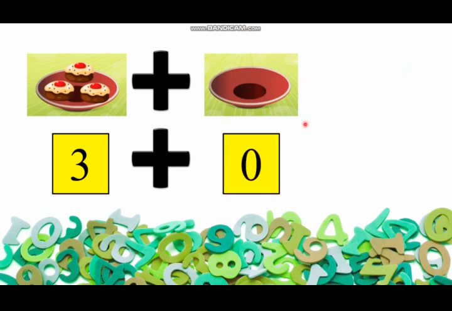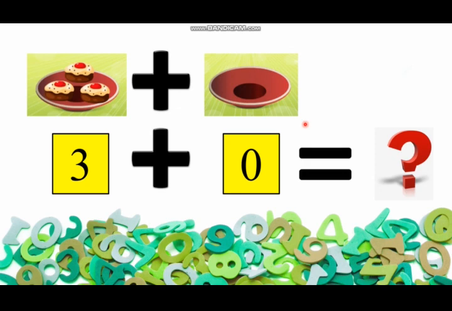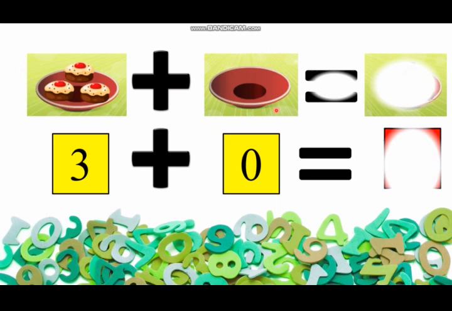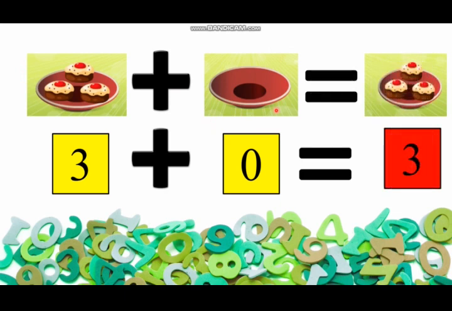That is 0. So the question is 3 plus 0 equals how much? There are 3 here and nothing here. So if you add, 3 plus an empty plate will again be equal to 3 cakes. Okay, so 3 plus 0 will be equal to 3.